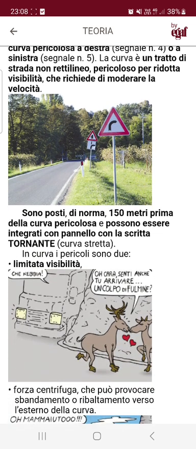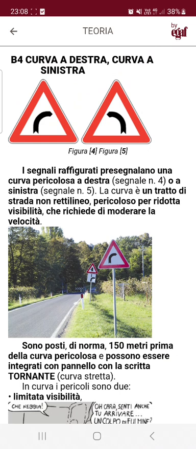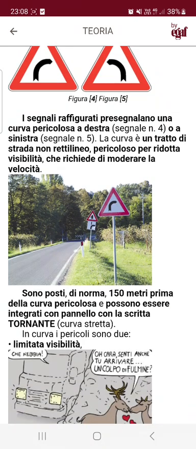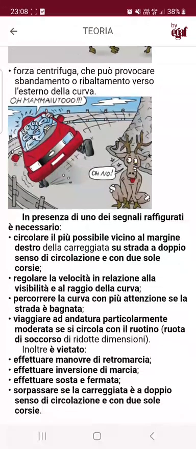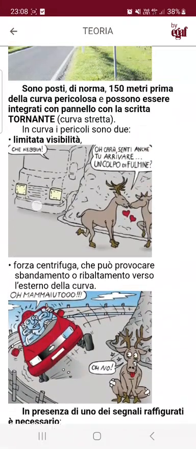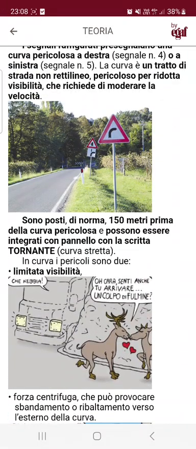Sometimes another road sign can be added to this sign of curve. They write tornante. Tornante means a very sharp curve, and this type of sharp curve has limited visibility, which means you will not see anything coming from the opposite direction. So what do you do when you see this sign and you are going into the curve?